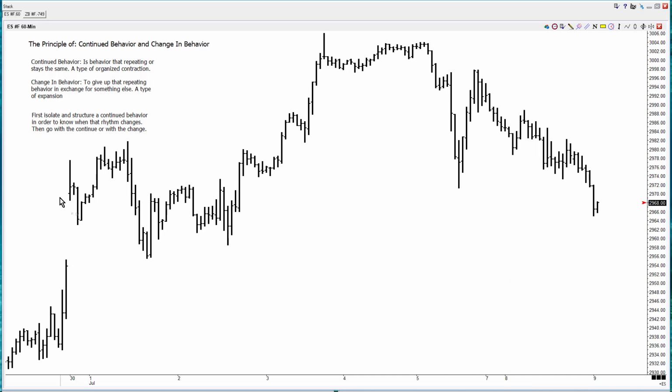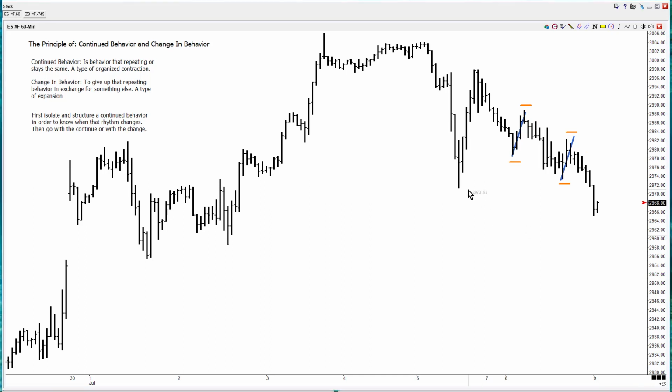So for instance, we see a nice gap, we fill the gap, we make a new high, we're currently coming down. When I look at this chart, and I've done a little practice, I can see that there's some behavior here that's quite organized. It's doing the same thing. It's continuing in this particular behavior.